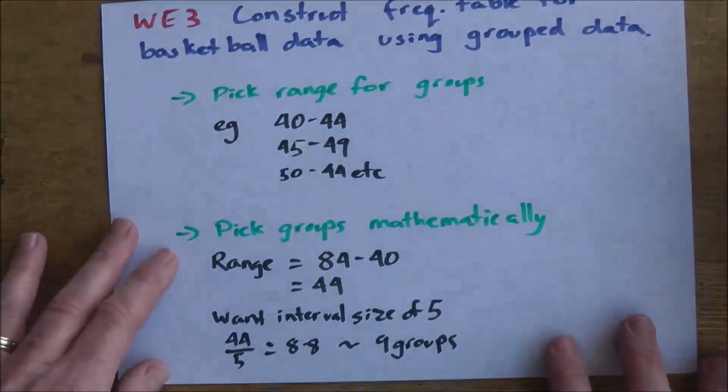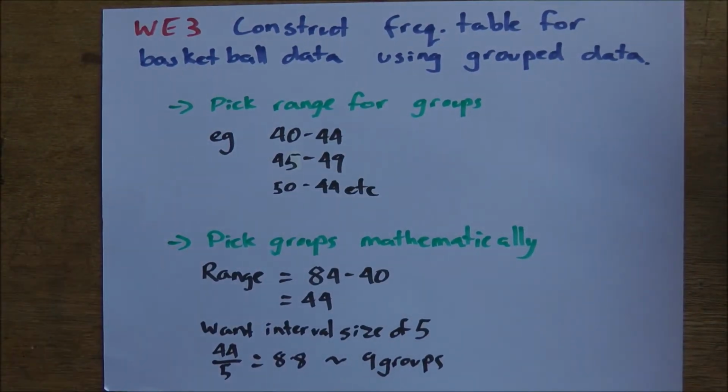Alright, worked example 3. The Exceptional Felines basketball team keeps track of the points they score on the way to the state championship. The total points are listed in the textbook. Group these results and then construct a frequency table showing this information. Now, the first thing we've got to do is pick how big these groups are going to be.